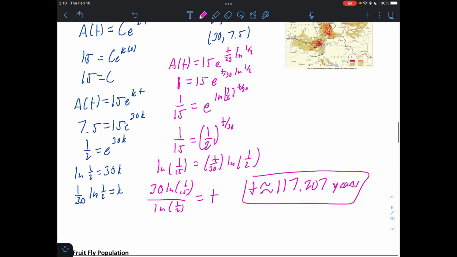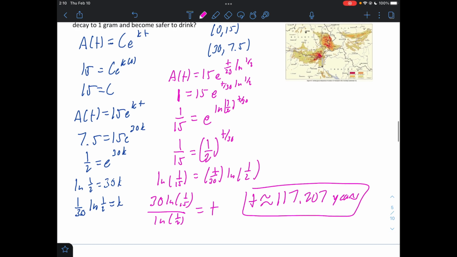Okay, for the purpose of this, it might actually be easier just to type this into our calculator and get what that would be. Let's see what that would be if we type in 30 ln 1/2. So k is approximately negative 20.7944.